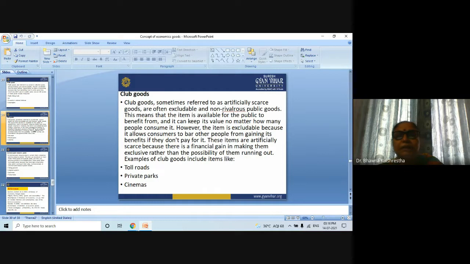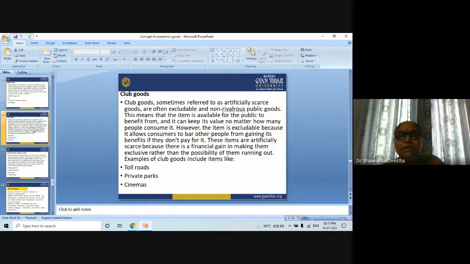Club goods, sometimes referred to as artificially scarce goods, are often excludable and non-rivalrous public goods. This means that the item is available for the public to benefit from, and it can keep its value no matter how many people consume it.